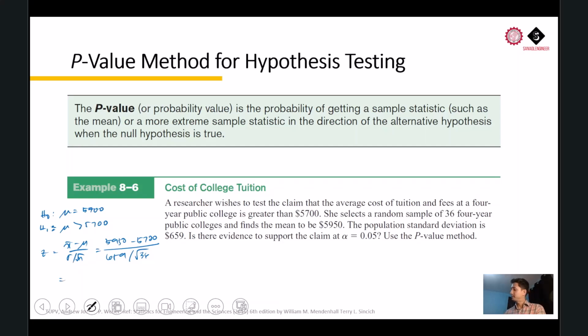The value of this is 5950 minus 5700, which is 250, divided by 659 divided by the square root of 36, and that is 2.28.